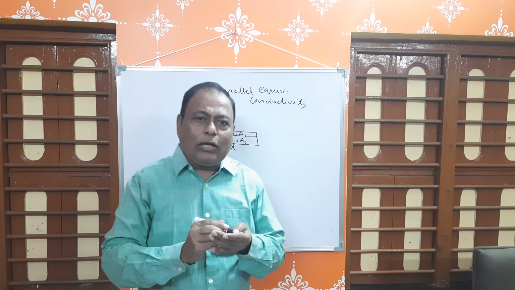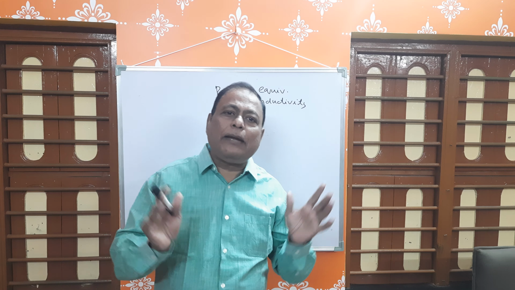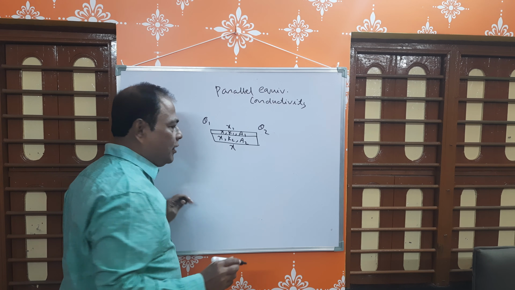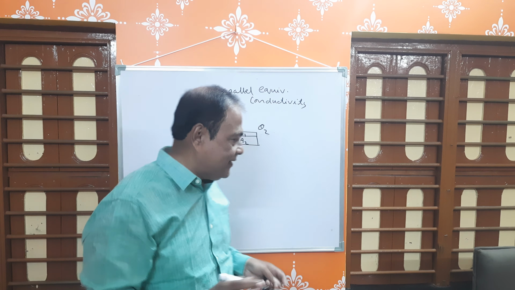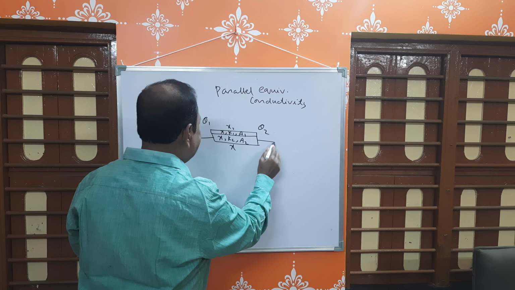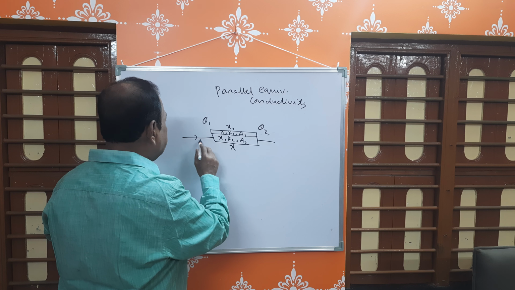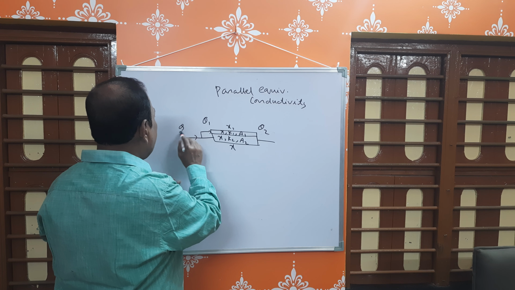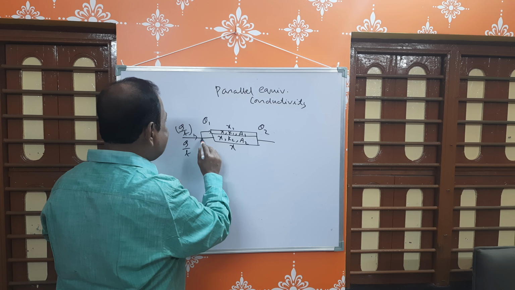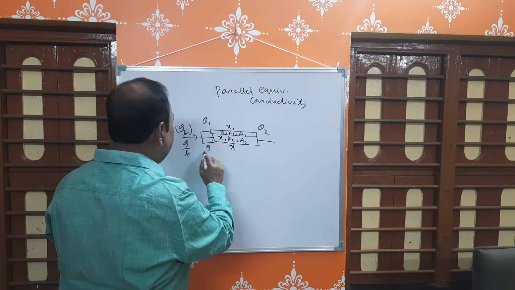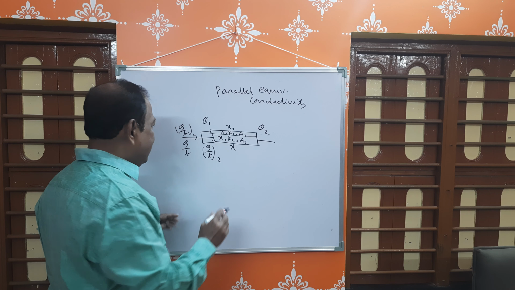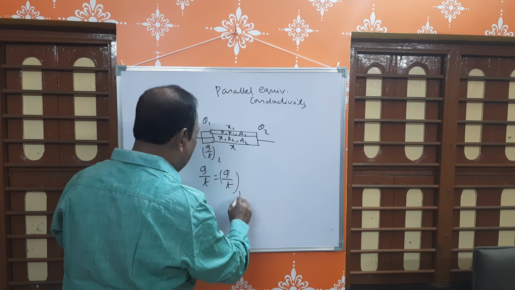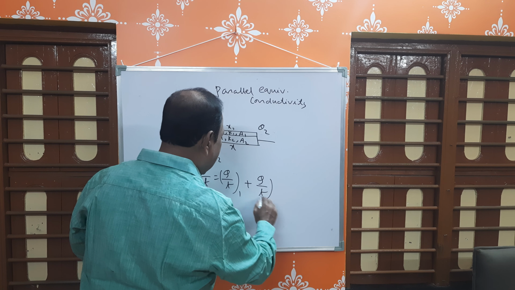And all the rods are placed in the same temperature difference zone: here is theta 1, here is theta 2. Here the heat flow divides. Suppose this is Q by t, and this is Q by t for 1 and Q by t for 2. That is, Q by t is equal to Q by t for 1 plus Q by t for 2.